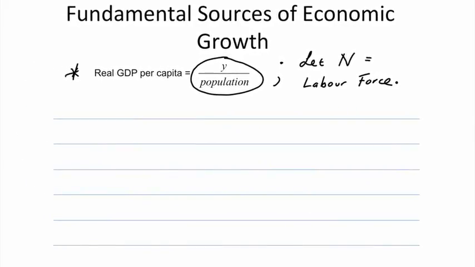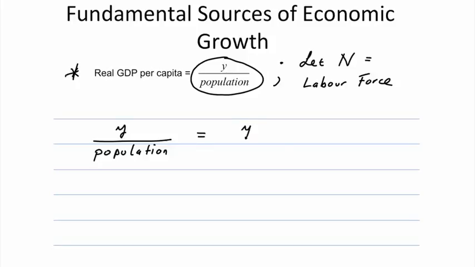Now, why is that useful? Take our real GDP per capita, and now I'm going to do what is a fairly basic mathematical trick, but it's actually going to provide us with extraordinary insight, because I'm going to write that real per capita GDP in a slightly different but nonetheless equivalent way.